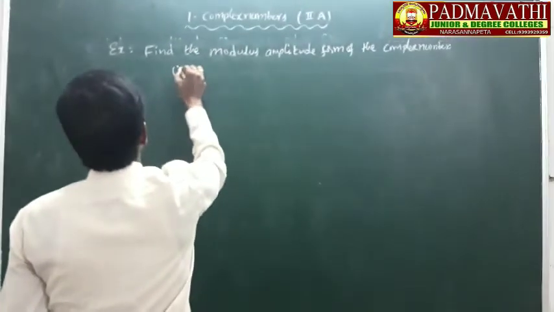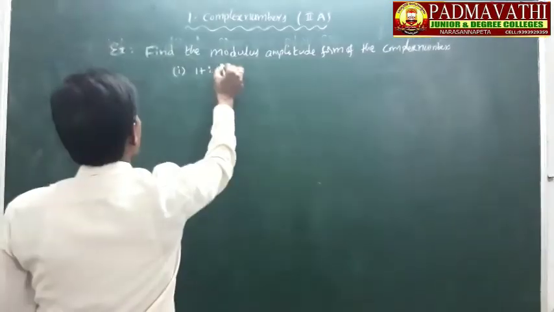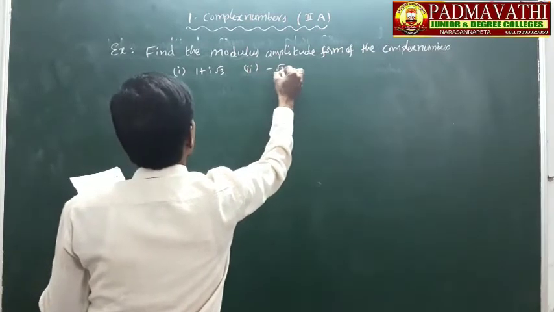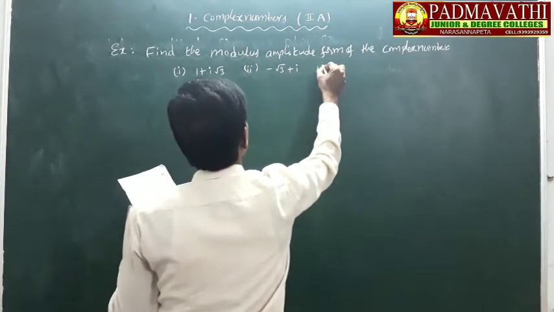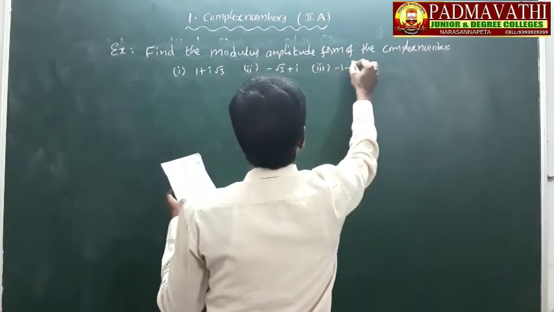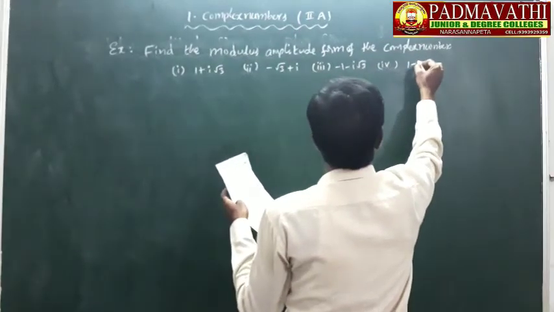The first one is 1 plus i root 3. Second one is minus root 3 plus i. Third one is minus 1 minus i root 3. Fourth one is 1 minus i.